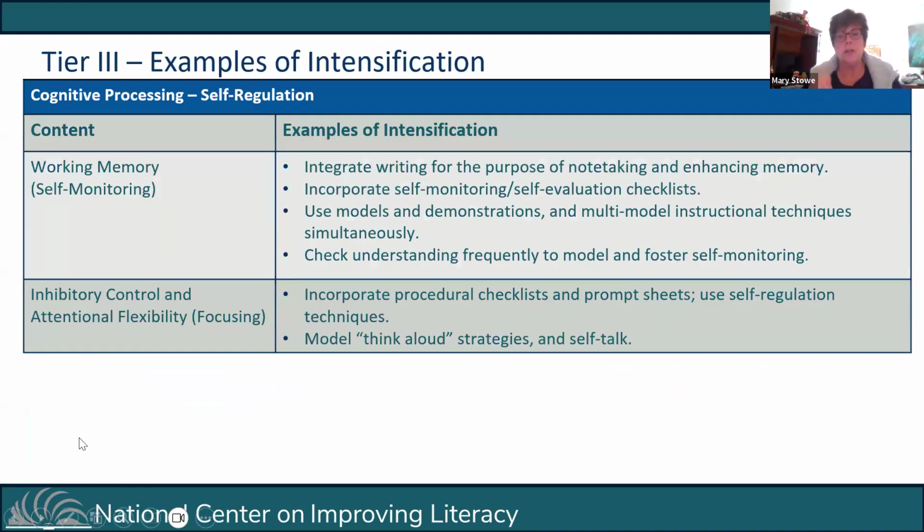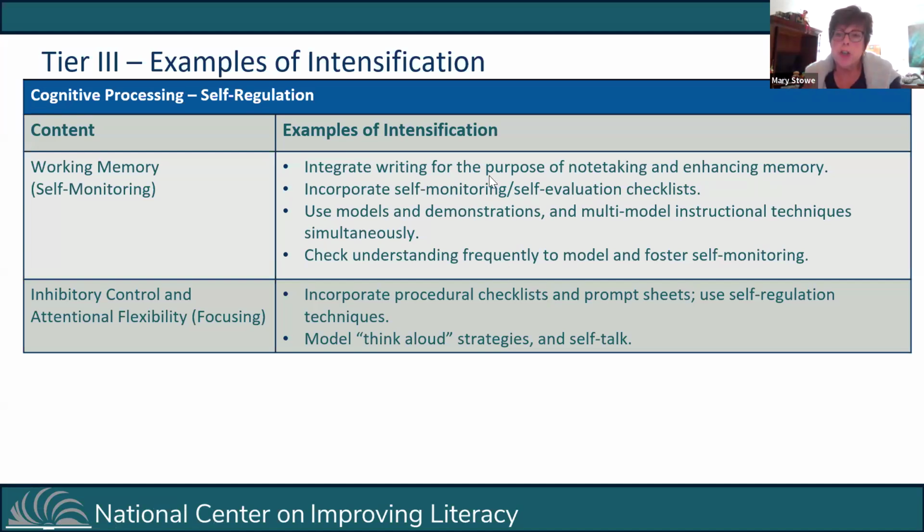But we also need to think about if students have issues around working memory, how are we going to incorporate strategies that will support use of self-monitoring skills or use of tools to support those needs around working memory? And so we need to think about cognitive load and how we're going to think about that in regard to what we provide. So we might integrate writing with whatever it is that we're working with.